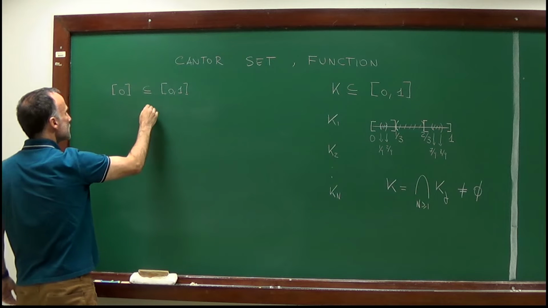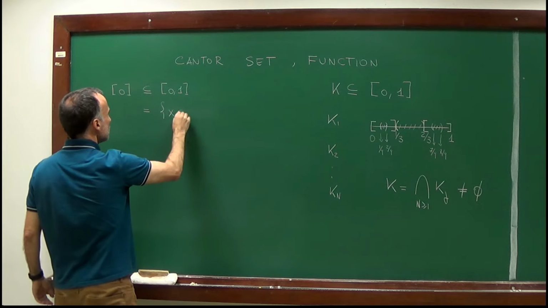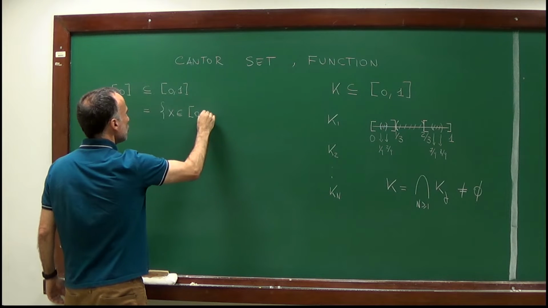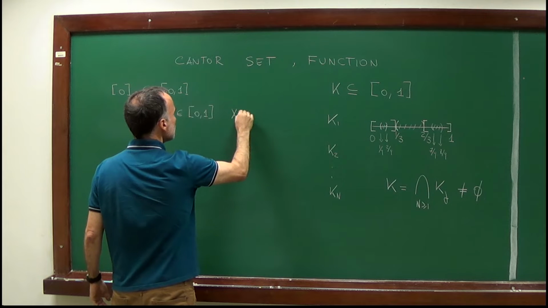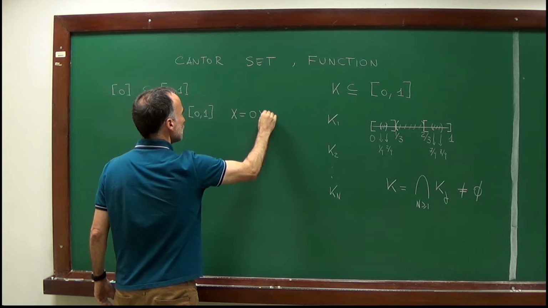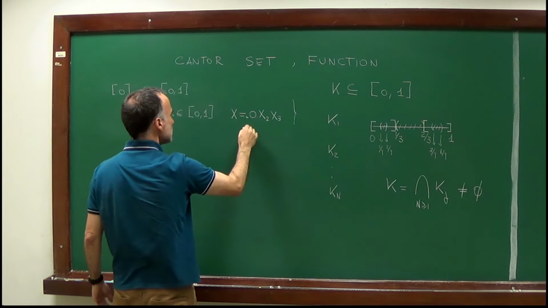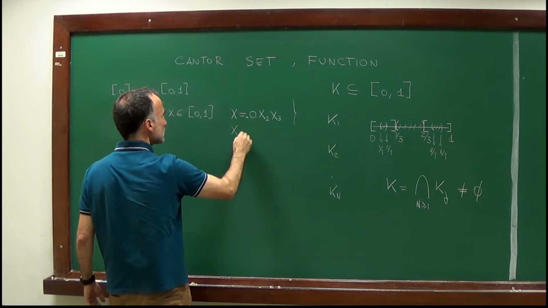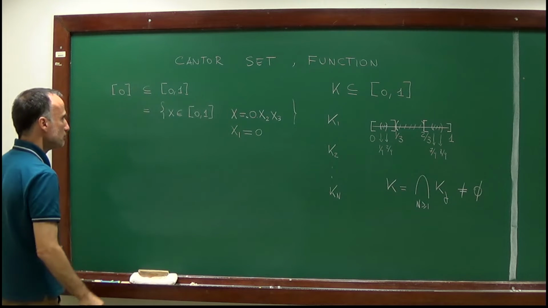And what is this subset? Well, it's made of all points x in [0, 1] whose expansion starts with a 0. So 0.0 x2 x3, and so on, which means that this is the set of all x such that x1 is equal to 0.